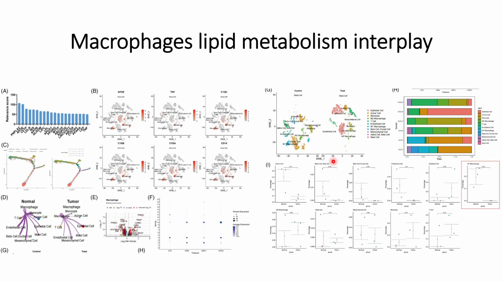After validating that it's the M1 macrophages that are downregulated, they checked the M1 macrophage phenotypes in different cell populations. From the statistical analysis, in the normal cells the M1 macrophages are present to some extent in all three normal cell types, whereas in the pancreatic cancer patient tissue there is a very low or negligible presence of M1 macrophages.